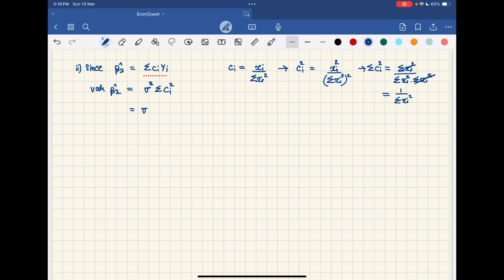It means variance of beta 2 hat becomes equal to sigma square divided by sigma xi square, right? This is the value of your variance of beta 2 hat. Okay.